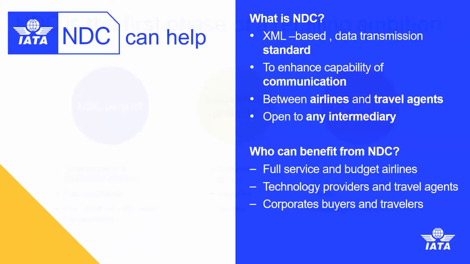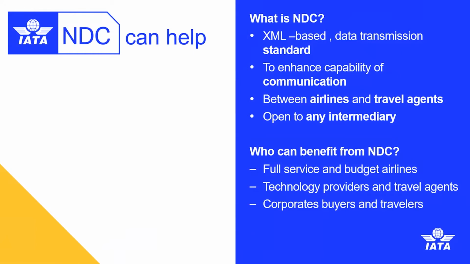So basically, what is NDC? The New Distribution Capability is an industry program, designed by the industry for the industry. It was launched by IATA back in 2015 for the development and market adoption of new technologies, which are the XML-based data transmission standards.